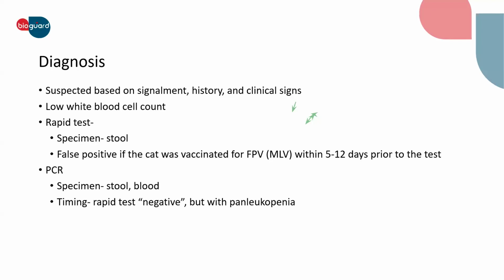If they think it's too expensive, you can use it when the rapid test shows negative but the cat has panleukopenia or obvious clinical signs of FPV. At that time you can consider real-time PCR to help you make the definitive diagnosis.